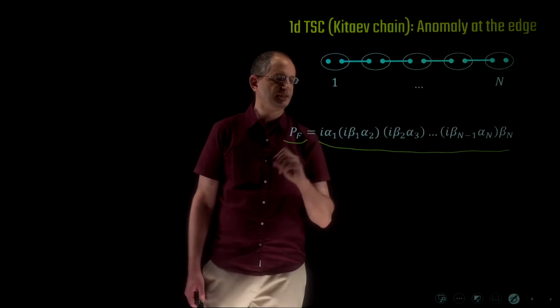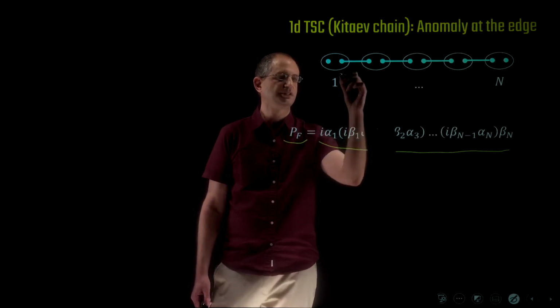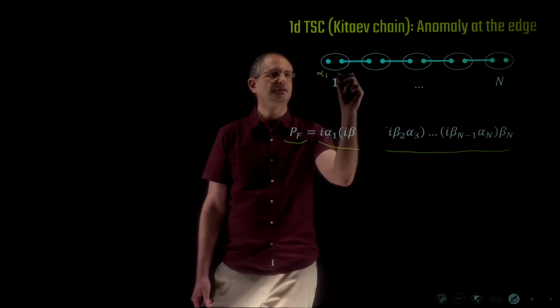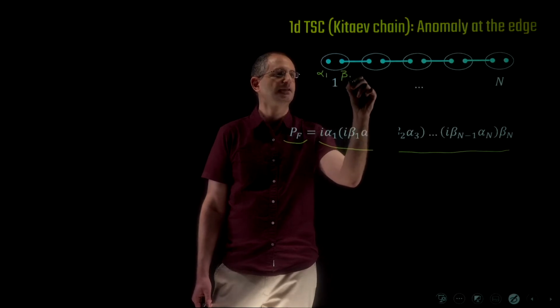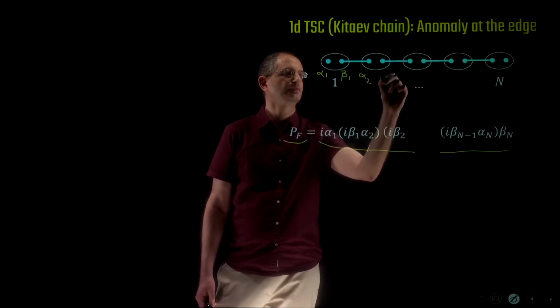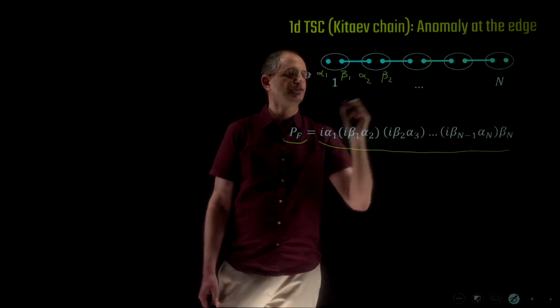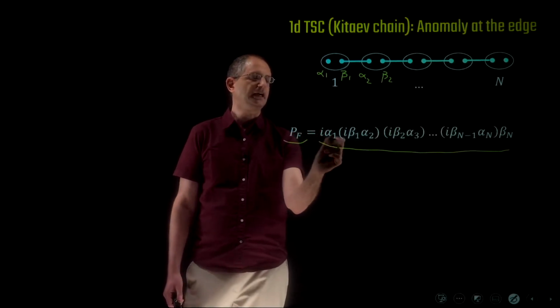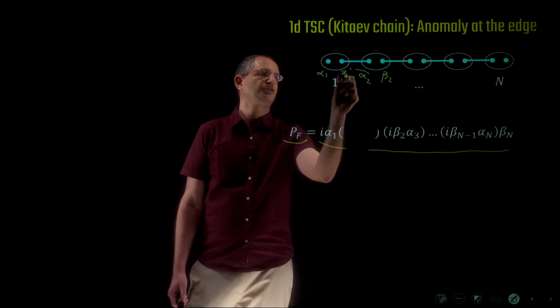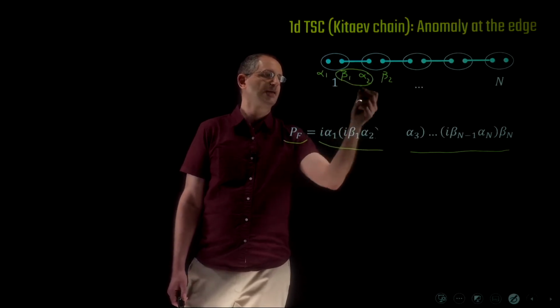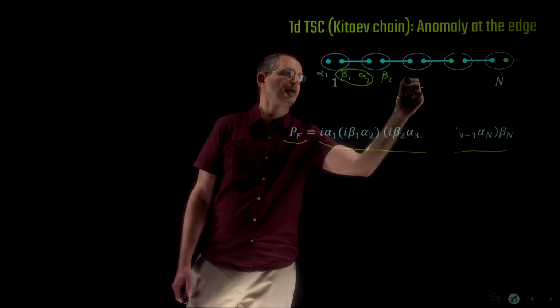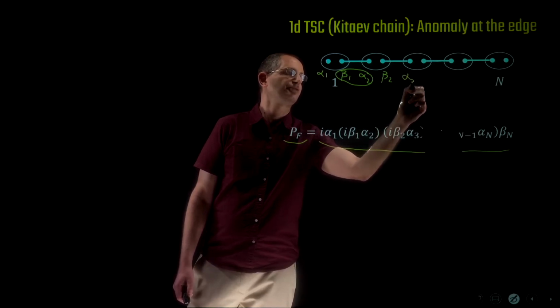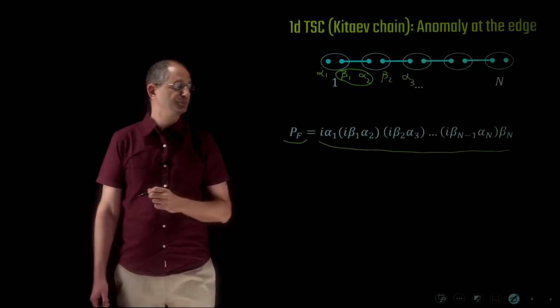And we can group them in this particular way. So this is alpha 1. This is beta 1. This is alpha 2, beta 2, and so forth. So we can write the fermion parity operator as i alpha 1 times the pair beta 1 times alpha 2 times the pair beta 2 times alpha 3, and so on and so forth.